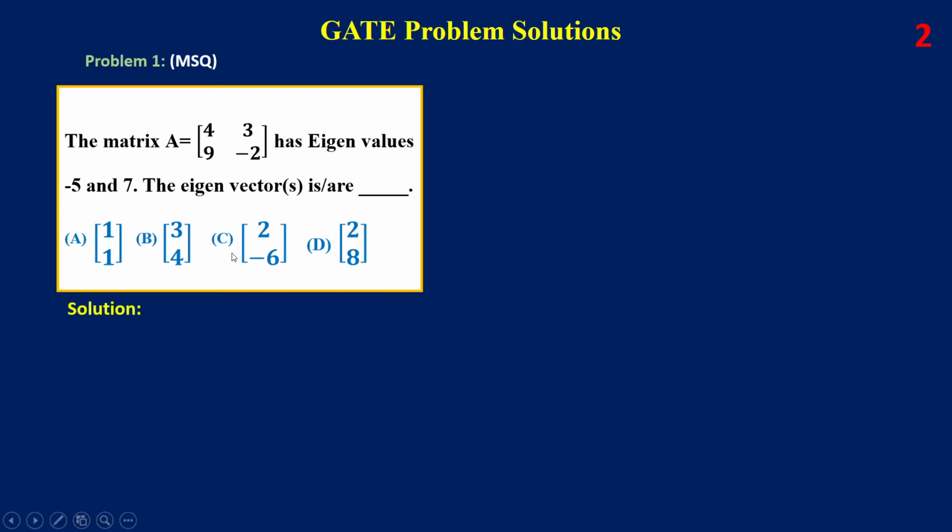There are only 2 eigenvectors for 2 eigenvalues. There are two formulations. The first formulation is (A minus lambda I) x equal to 0, where lambda is the given eigenvalue, I is the identity matrix, and x is the eigenvector. With this we can find two equations, and with those two equations we can find the eigenvector elements.